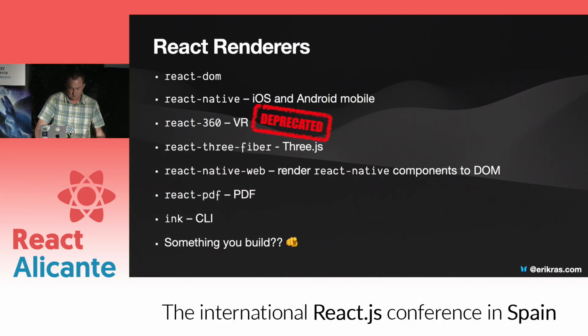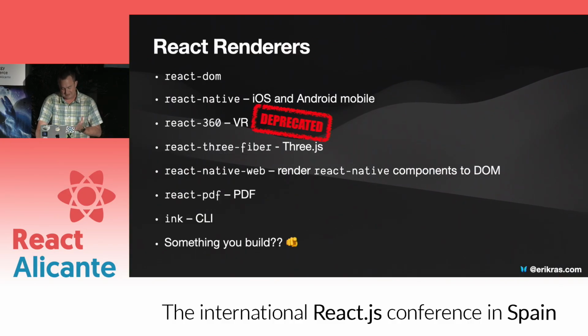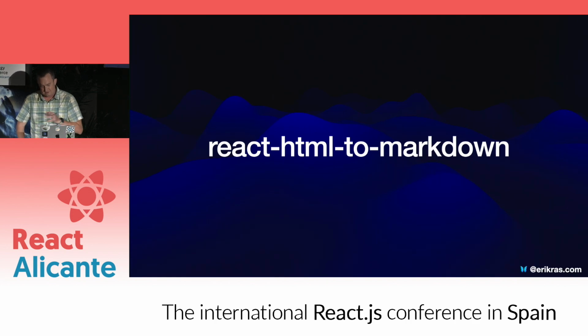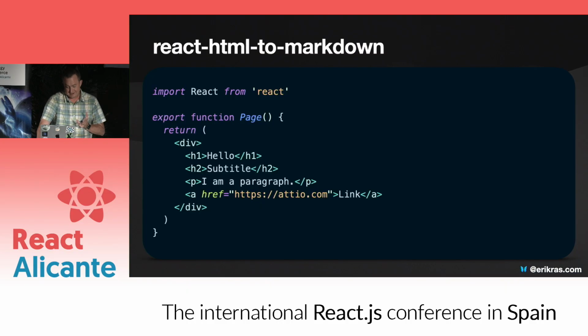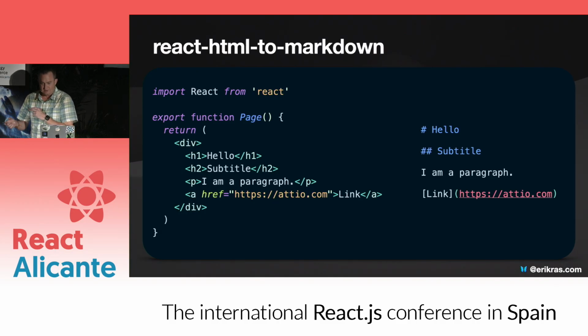And I came up with a thing that no one wants, it's a very, very useless idea, but I wanted to render HTML to Markdown. So no one ever needs this. You always want to go in the other direction. It's a really stupid idea, but if you think about it, it is taking XML-looking stuff and rendering it to something that you can quickly see, oh yes, I recognize that, because I assume you all speak Markdown as well. And it was just complicated enough to have to deal with props.